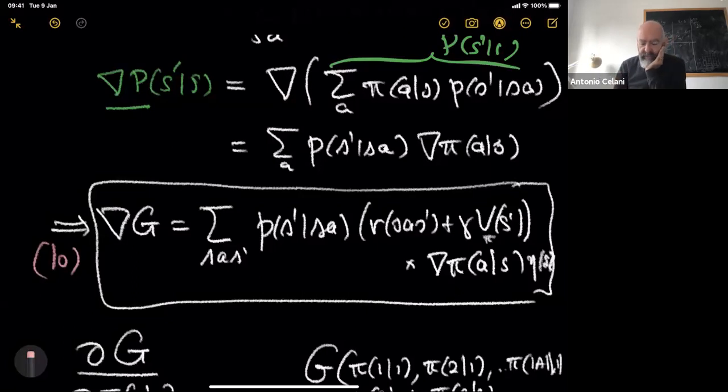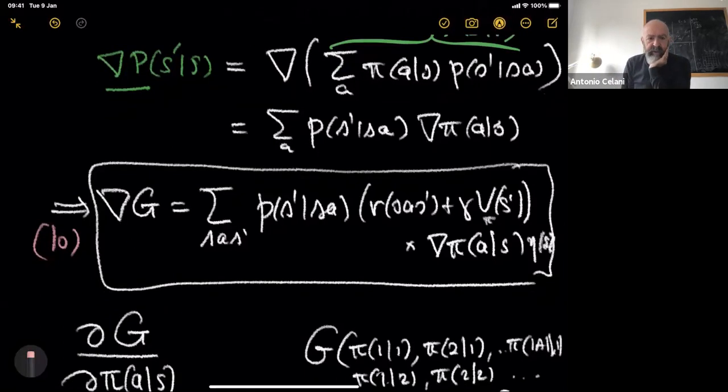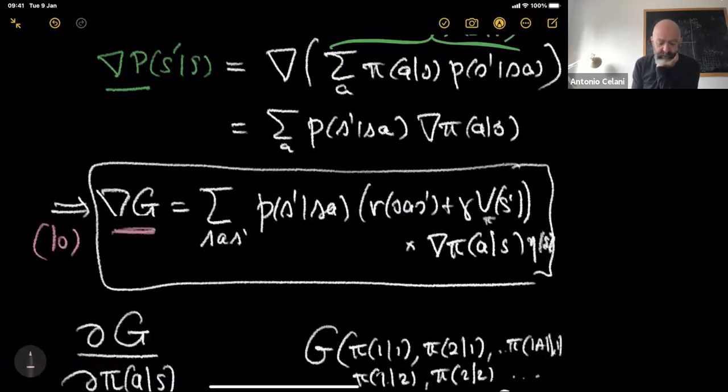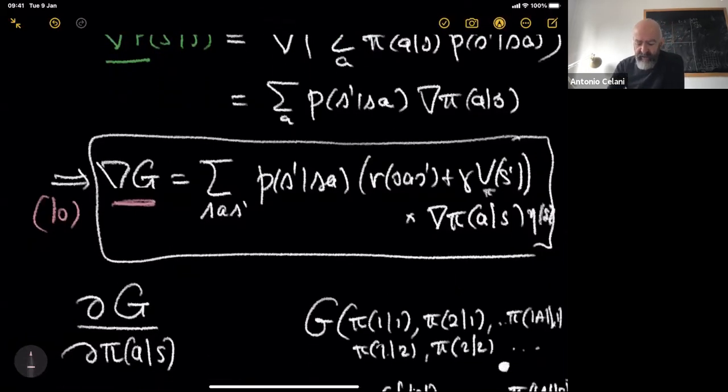And if you think of this, it's useful to take a look at this formula of the gradient. You see it contains three different pieces. So this part here is basically telling you how much time you spend in state S given your initial condition.